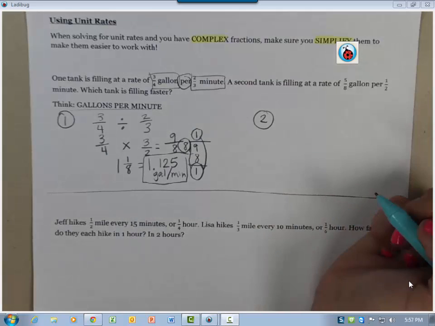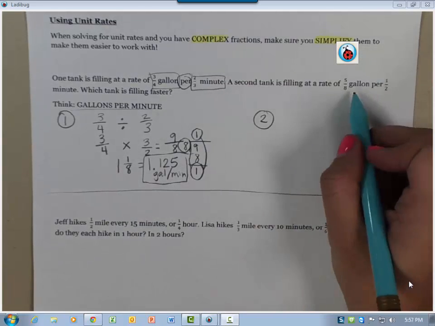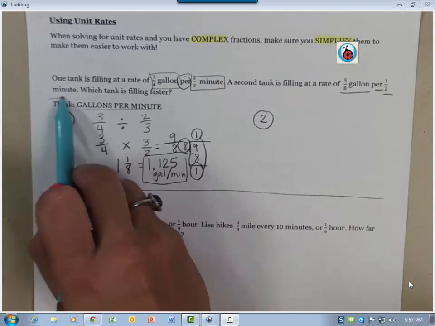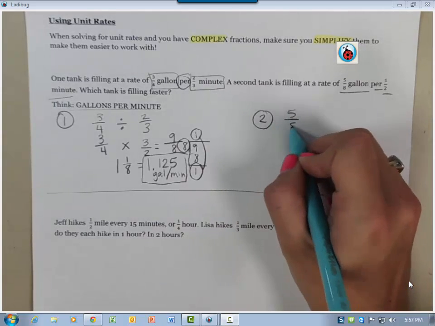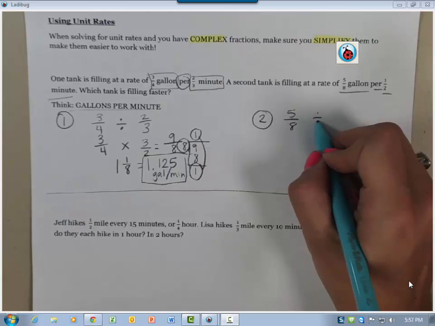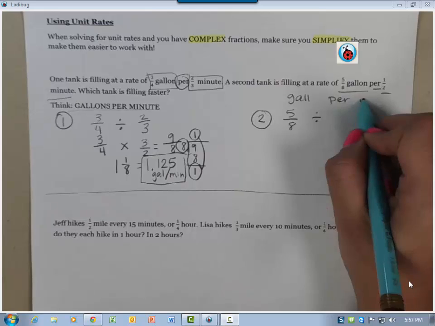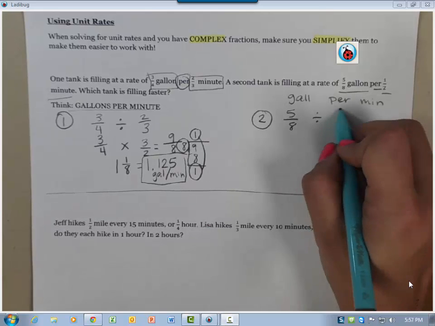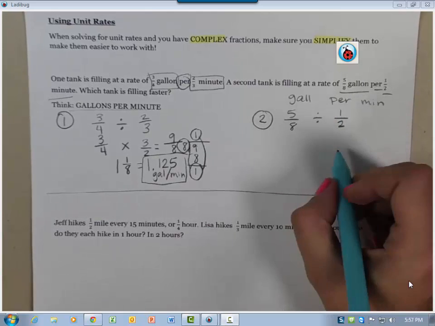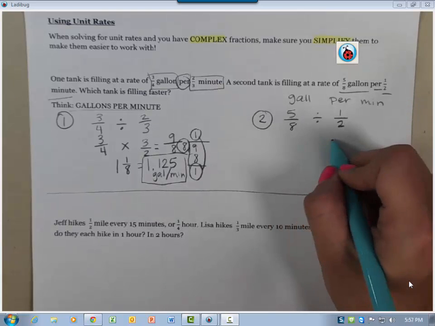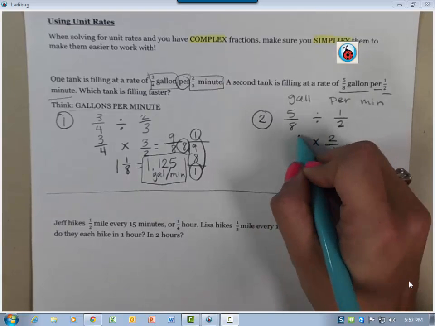Now you work the second one out. Alright, you should have seen that's gallons per minute again. 5/8, per means to divide. You write gallon per minute. Per minute, you have 1/2 minute. Dividing fractions easy as pie. Just flip the second and multiply.